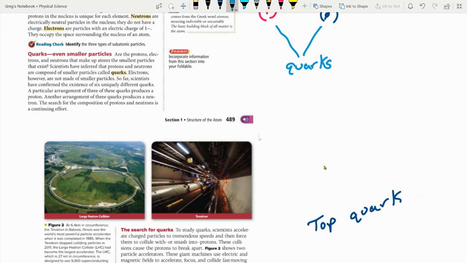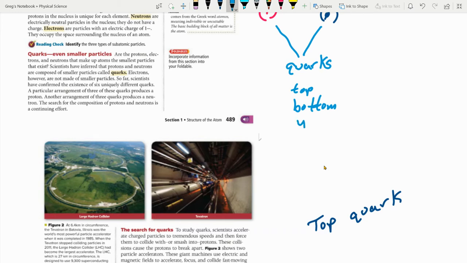They are called top, the bottom, and of course the Tevatron's in the United States, so we give them names that we made up here. So that's top quark, bottom quark.